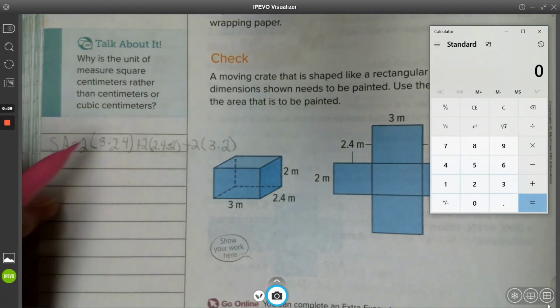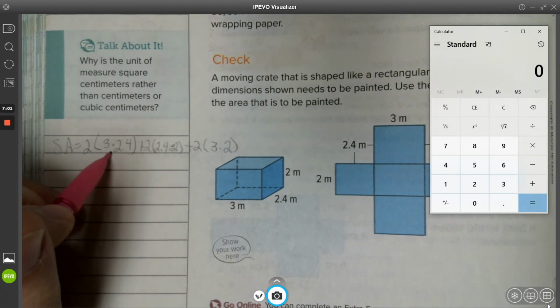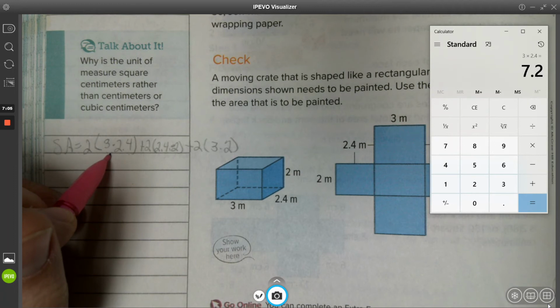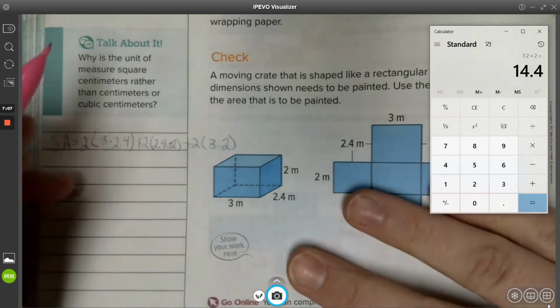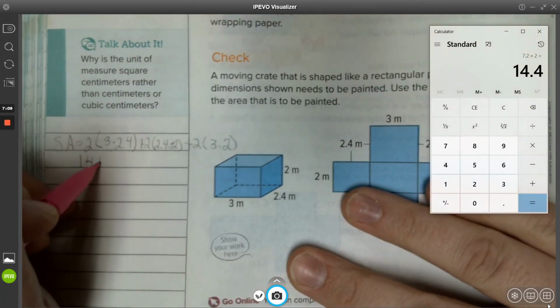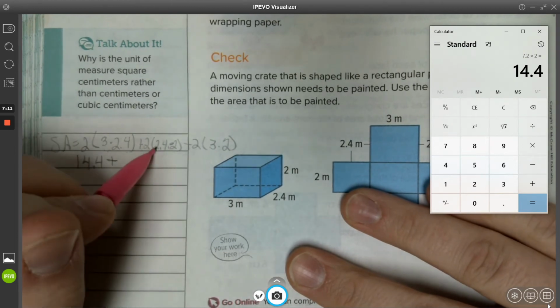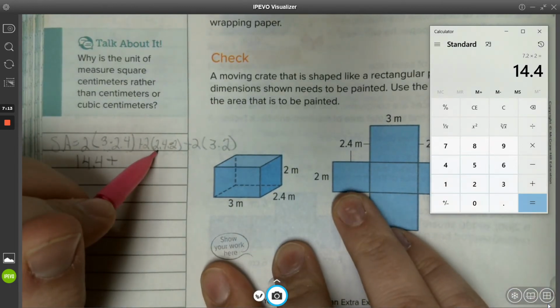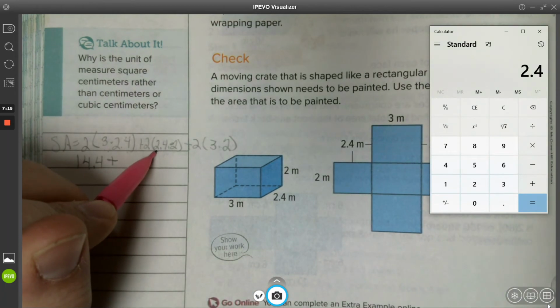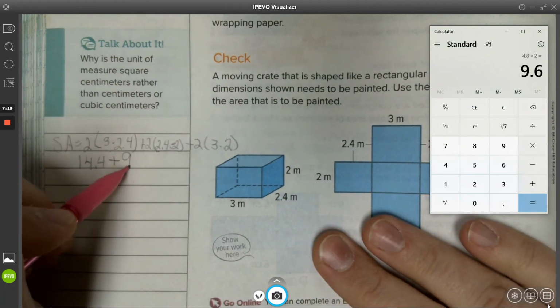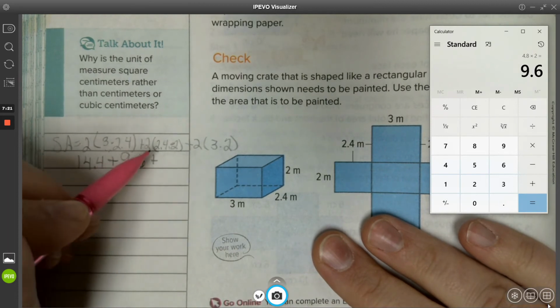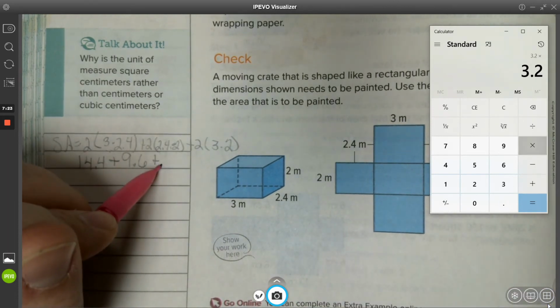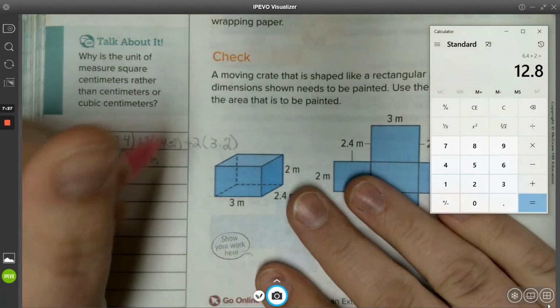Now, if you were doing this problem, we're going to start with what's in our parentheses. 3 times 2.4 is 7.2, and then we're going to multiply that by 2. So you would get 14.4, plus 2.4 times 2 times 2 again will give us 9.6, plus 3.2 times 2 times 2 again would give us 12.8.